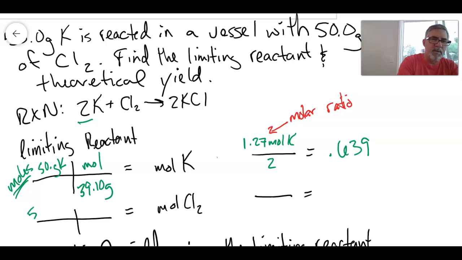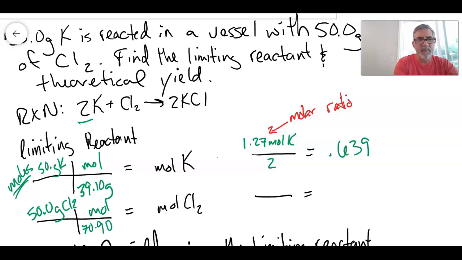I'll do the same thing with my chlorine, Cl2. 35.45 is the molar mass of each chlorine. Since I have 2 of them, it is 70.9 grams.